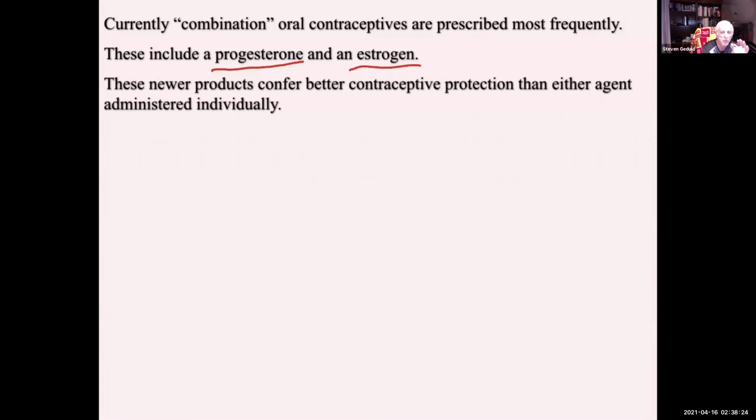Currently, combination contraceptives are prescribed most frequently because you have both steroids working together to prevent pregnancy. These include a progesterone and an estrogen, because the combination of the two is the most effective. These newer products confer better contraceptive protection than either agent administered by itself.